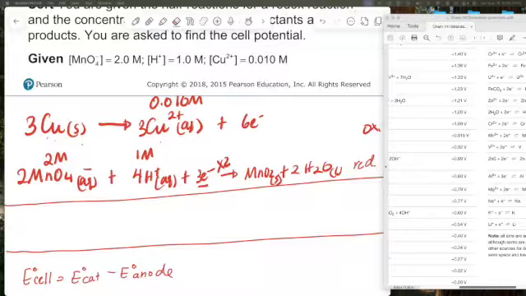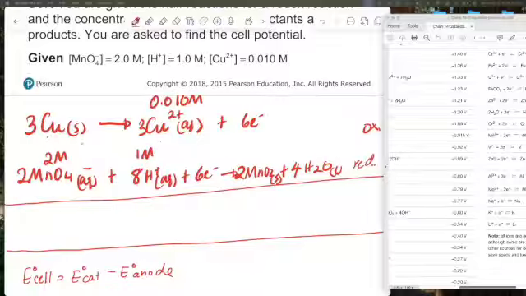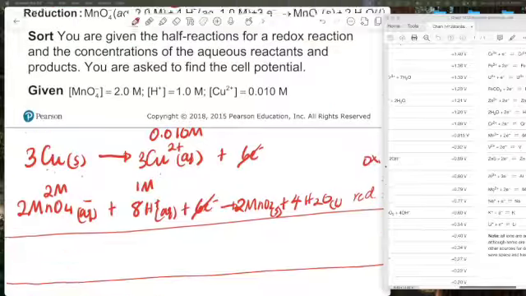We change this one to 8, and this one to 6. And here we multiply by 2, so this one becomes 4. We multiply by 2 throughout. Now you can see the electrons match, so we can say we have n.